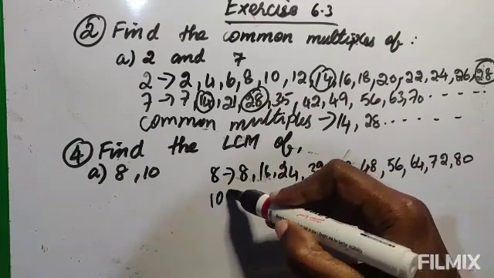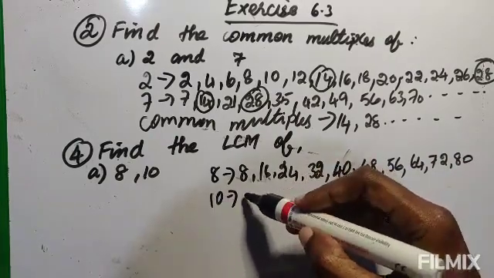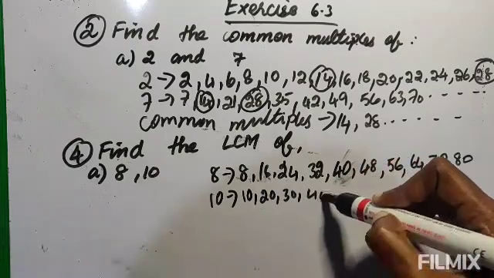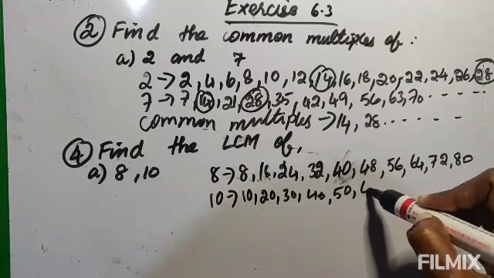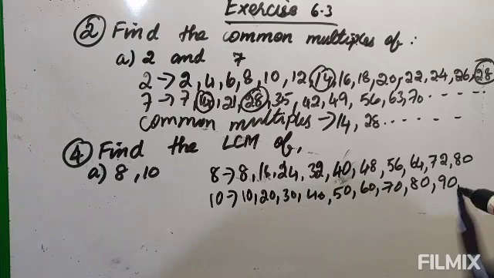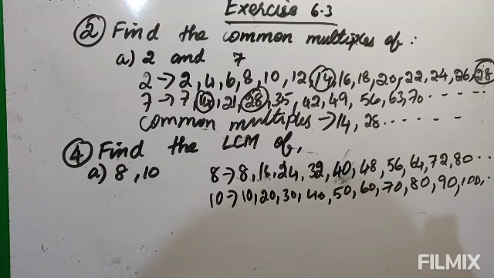Again, multiples of 10: 10, 20, 30, 40, 50, 60, 70, 80, 90, 100. It is going on like this, so you put a dot.